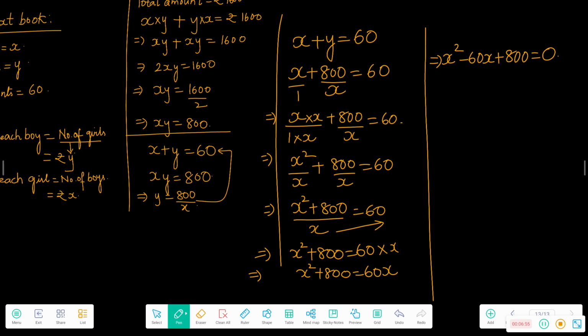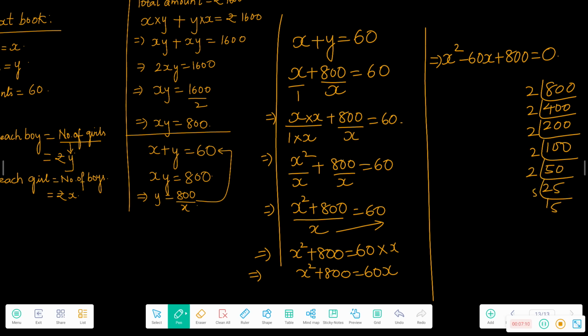Now let us find the factors of 800, so as to get the middle term as minus 60.